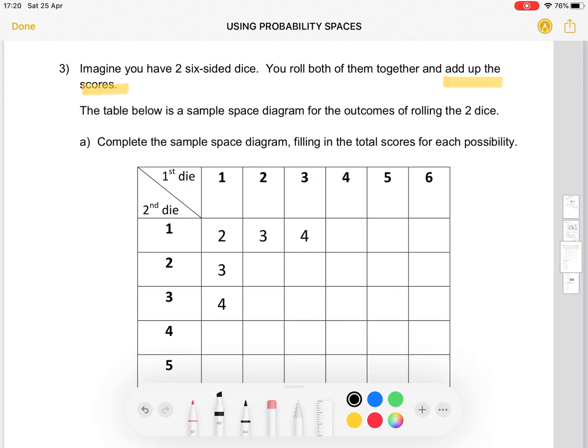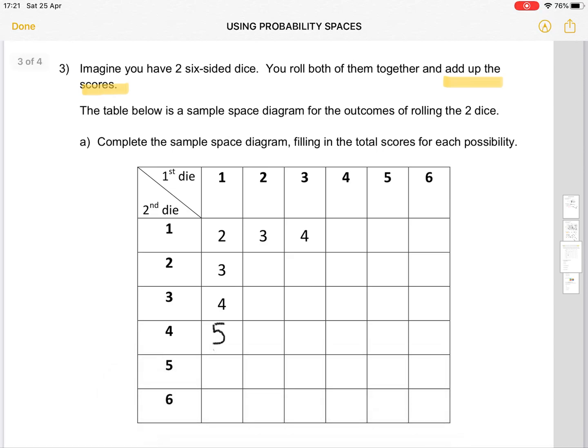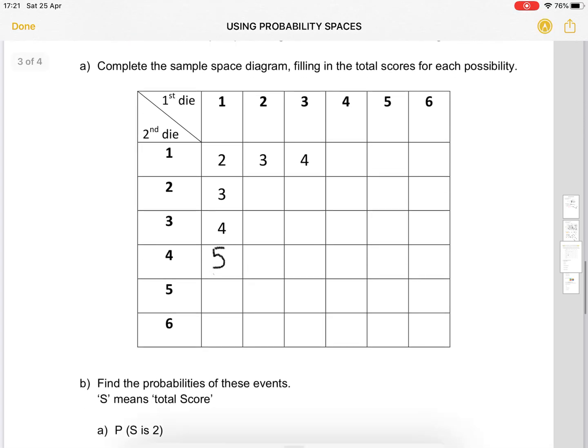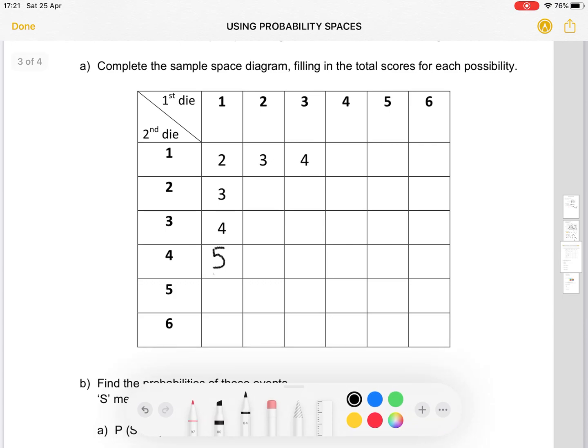If we continue, 1 from the first dice and 4, that makes a total of 5. 1 from the first dice, 5 from the second, that makes a total of 6. 1 from the first and 6 from the second, that makes a total of 7. So the first column is ready.